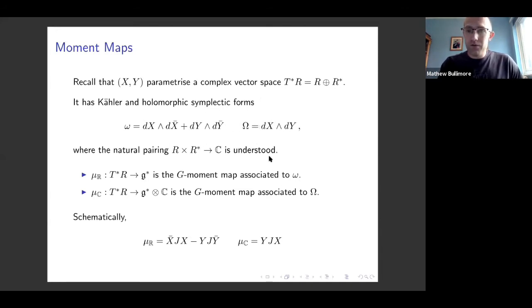So if all of that looks very strange, there's just a very concrete formula for it written on the bottom line here, which basically shows you that it's a quadratic function of the fields x and y in a way that depends on the representation. So it's something very explicit that you can write down.